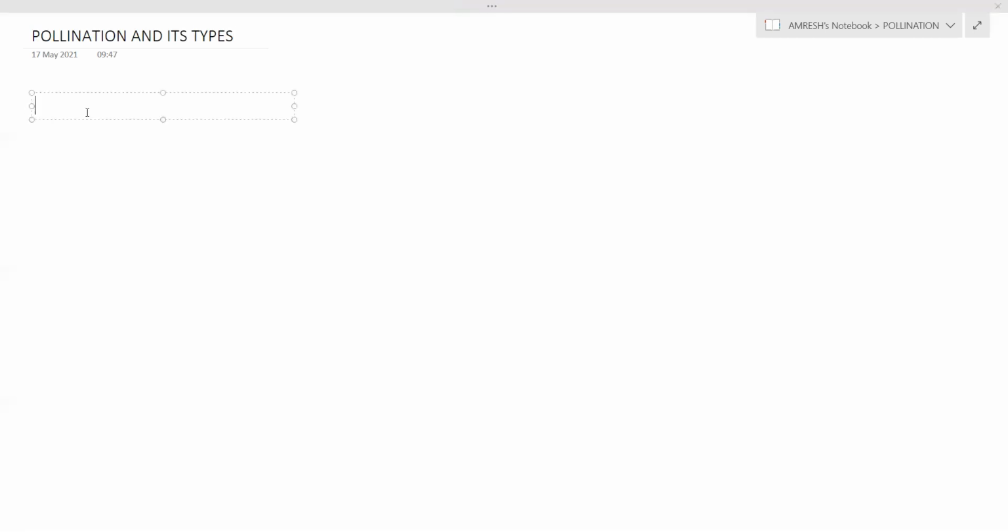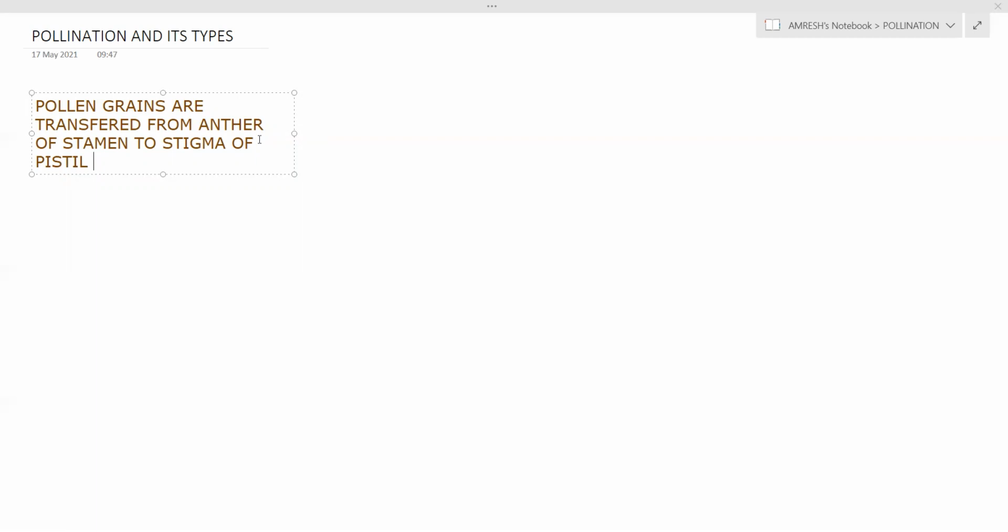Definition of pollination you have to write: pollen grains are transferred from anther of stamen to stigma of pistil, and this is called pollination.